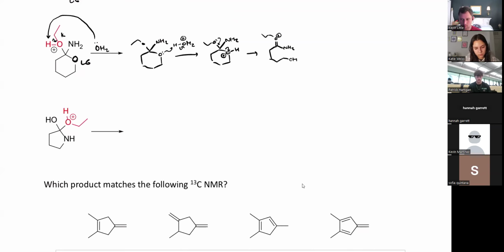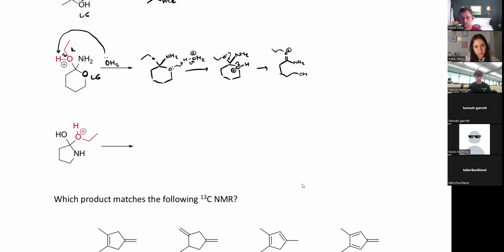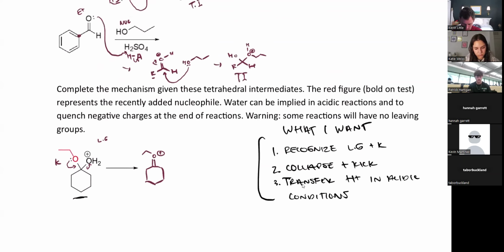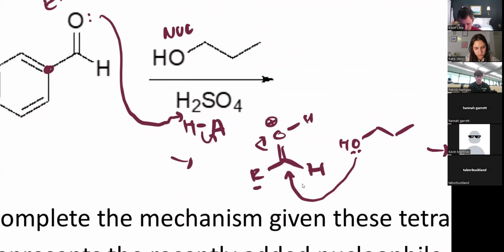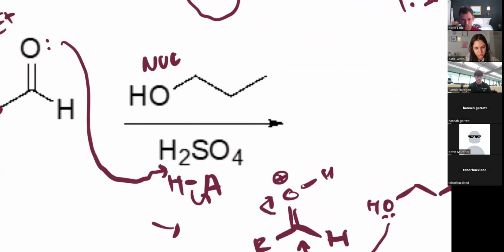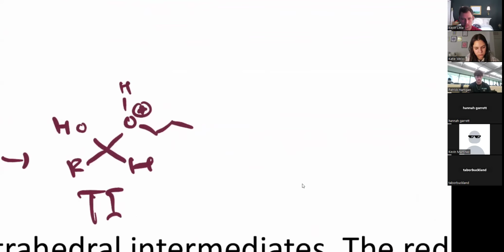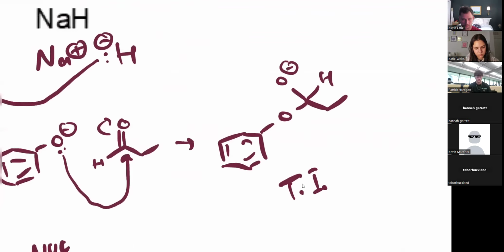Acidic conditions refers to specifically if the tetrahedral intermediate starts with a positive charge? Yes. Okay. So notice something. Let's go back up here. There's an acid here. When we get to the tetrahedral intermediate, there's a positive charge.